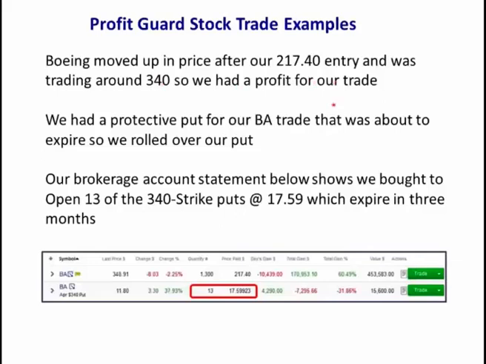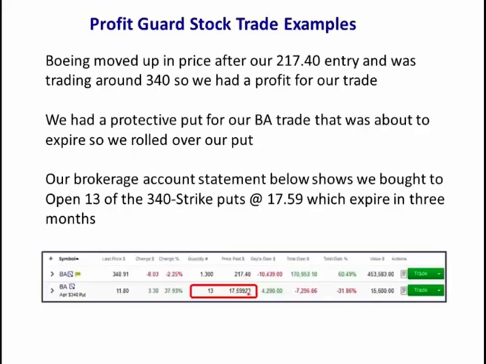We had a protective put for our Boeing trade that was about to expire. So we rolled over our put into a new profit guard spread, and our brokerage account shows that we bought to open 13 of the 340 strike puts, and we paid $17.59. So this is an example where we purchased the stock at 217, we had a profit in the stock, so we purchased put protection.